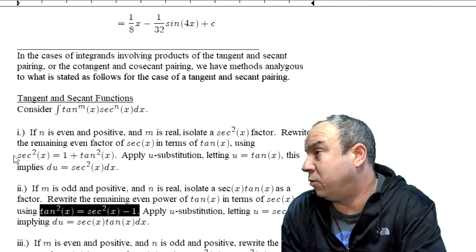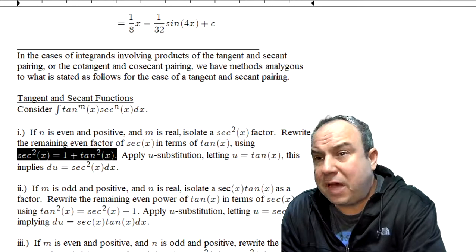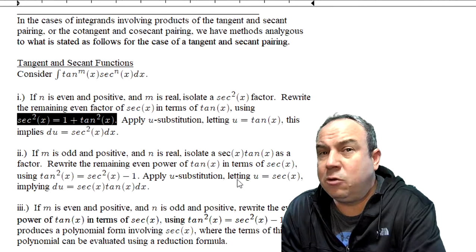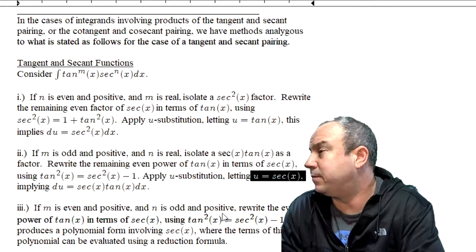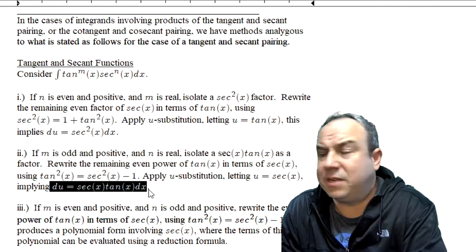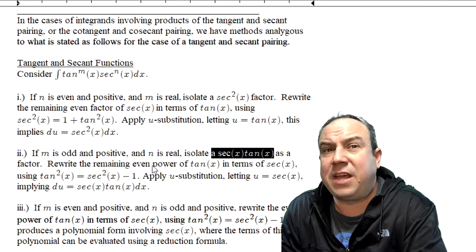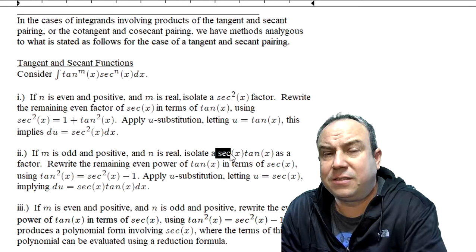The comparable to the one we've seen up above. And then apply some u substitution, letting u equal the secant of x. Letting u equal the secant of x does imply that du would be equal to the secant of x tangent of x dx. And that's why we isolate this secant of x tangent of x initially.